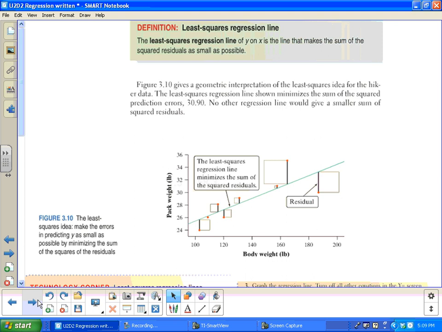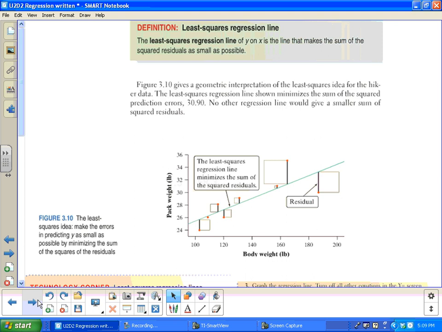Okay, so let's talk about how the regression line is actually calculated. The visual representation is the easiest way to do it without thinking about these big nasty equations. What they've done is try to give the smallest residuals possible.